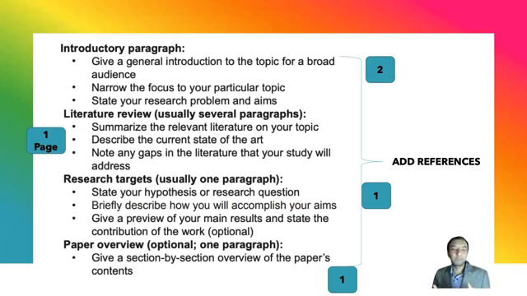But otherwise, if we are writing intro plus literature review together, then we usually combine them, and that is going to be roughly around 2.5 pages. Then it will come to the literature review part.